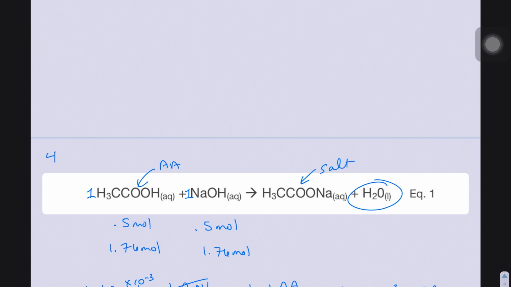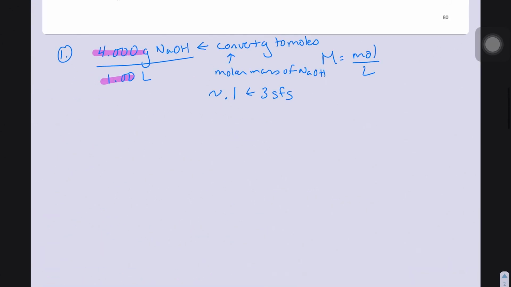And this is step 4 that we're working on. So since I needed 1.68 times 10 to the minus 3 moles of sodium hydroxide to neutralize the acetic acid, it means I had 1.68 times 10 to the minus 3 moles of acetic acid initially in the Erlenmeyer flask. So let's go up to take a look at step 5.